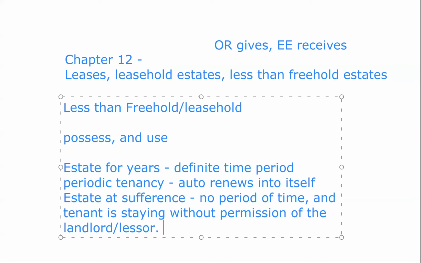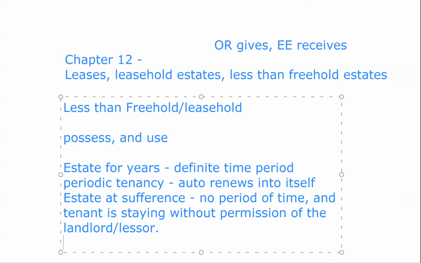So what happens is this is usually a holdover tenancy in which the landlord says, hey, I want you out. And the tenant goes, nay, nay, I am not leaving. That is an estate at sufferance right there. Okay. And how I remember it is the landlord is suffering. So that is the situation in regards to an estate at sufferance.